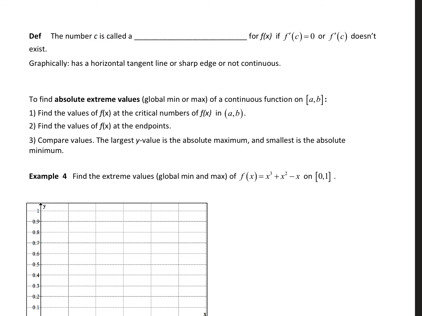A number c is called a critical number, which is kind of important for terminology. We're going to refer to critical numbers a bunch of times later. For f, if f prime of c is equal to 0, or f prime of c doesn't exist, right? So again, I want to translate that into a graph.